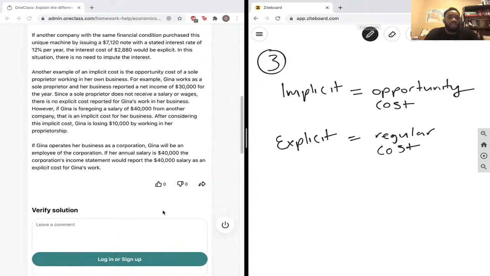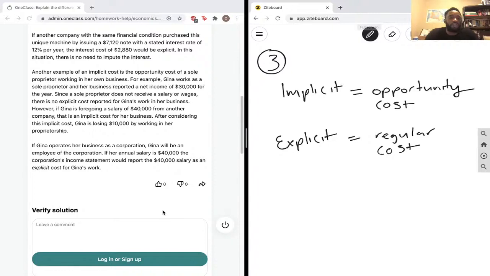Another example of implicit costs is the opportunity cost of the sole proprietor working in their own business. For example, Gina works as a sole proprietor and her business reported a net income of $30,000 for the year. Since the sole proprietor does not receive a salary or wages, there is no explicit cost reported for Gina's work in her business.